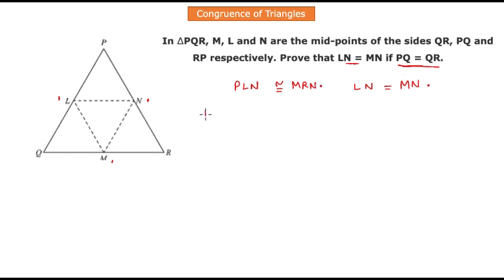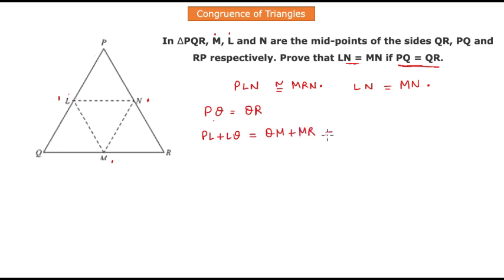Now we know that the segment PQ is equal to QR, right? In addition to that, we have been told that M and L are also the midpoints of their respective sides. That means I can divide PQ into two parts. That is PL plus LQ is equal to QM plus MR. L is the midpoint of the segment PQ.